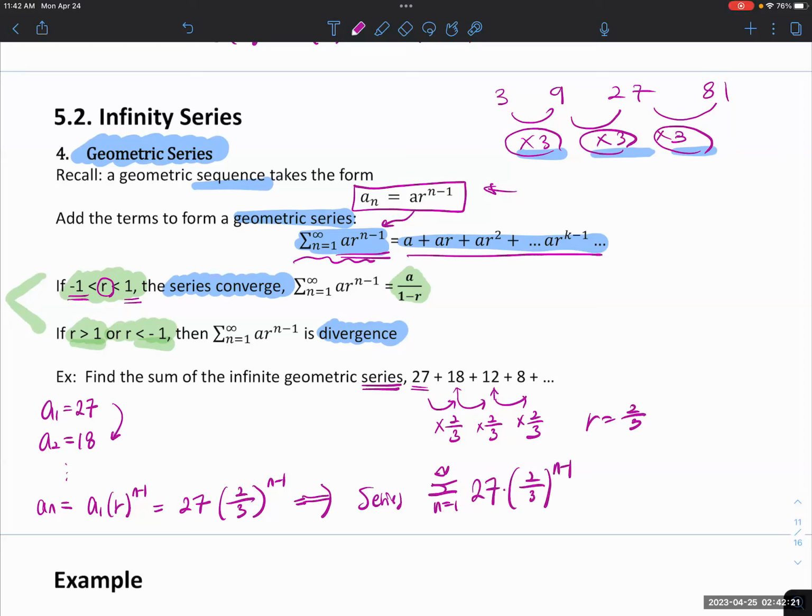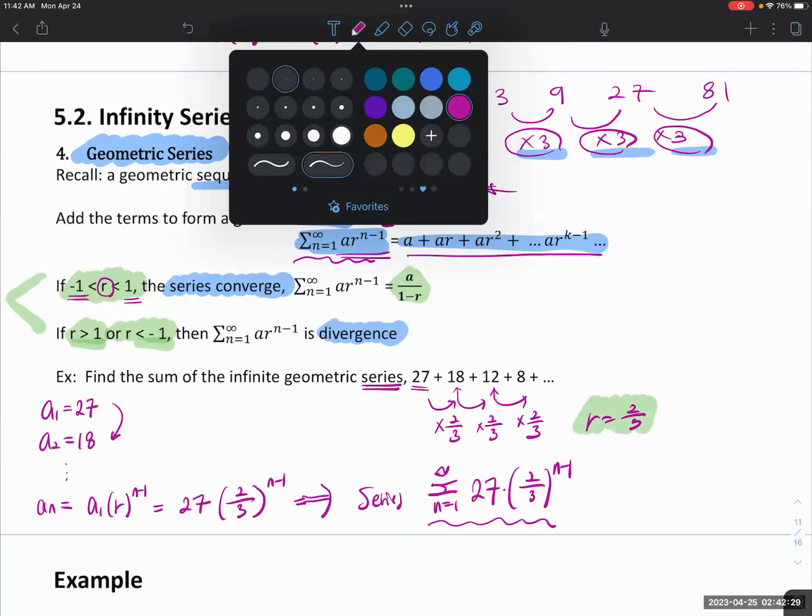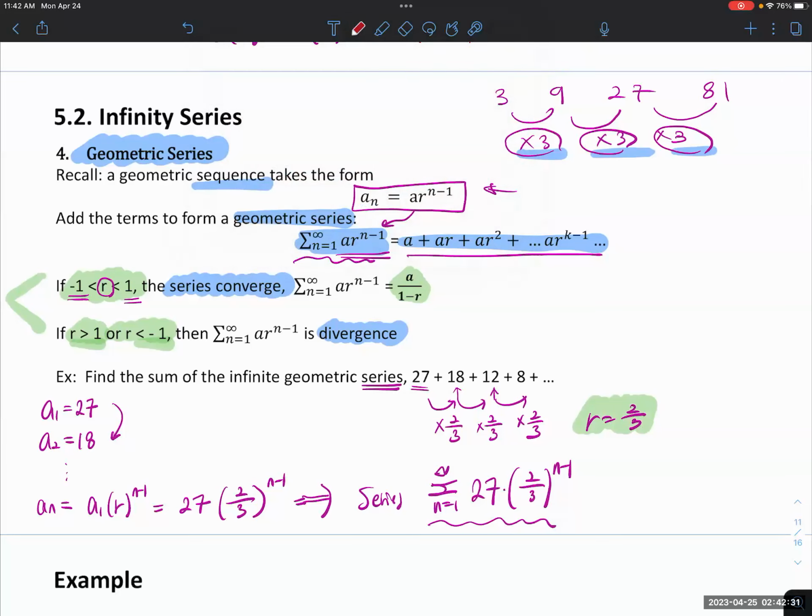Basically, I want to know whether this is convergent or divergent. What do you need to check? The size of r. It is definitely between negative 1 and 1, so we know automatically this is going to be convergent. But to where? To find out the number, use this formula: a, meaning A1, over 1 minus r.